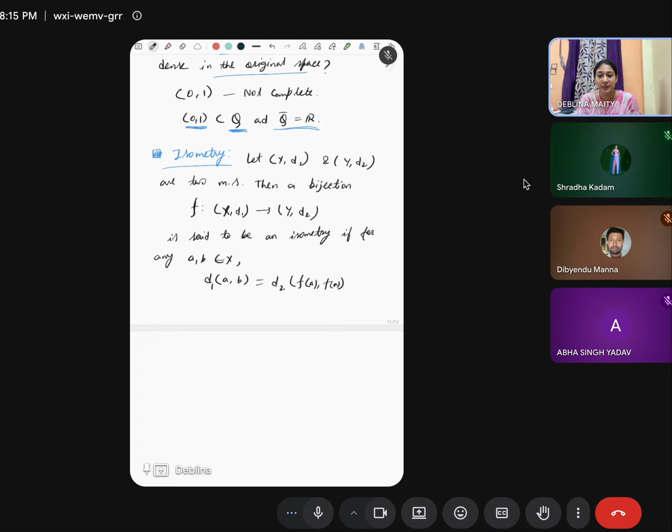It means it preserves the distance. Then we say that it is an isometry.